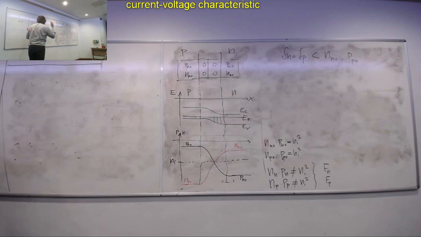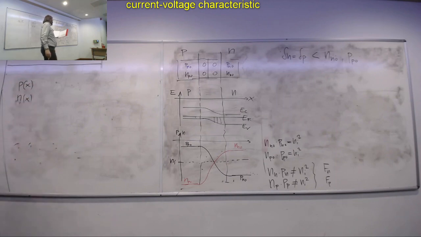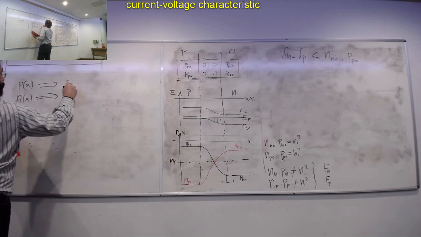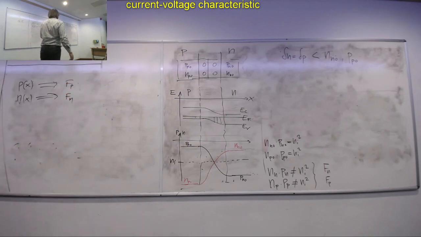So we need to then use the continuity equation. From the continuity equation, for n and p, we can find p as a function of the position and n as a function of that. And this, as we've seen, relates to Fp and Fn, the quasi-Fermi levels.